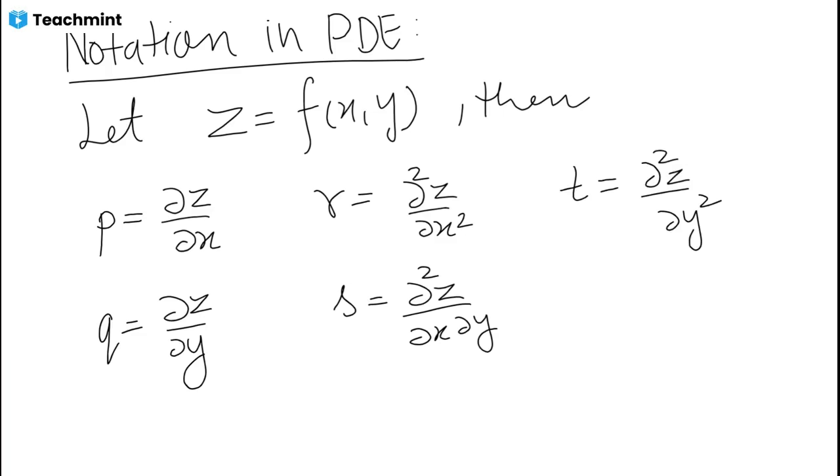Because as I told you, del square z over del x del y is equal to del square z over del y del x, they are equal, so we can use the same notation.